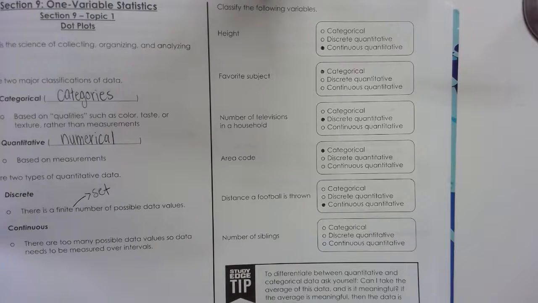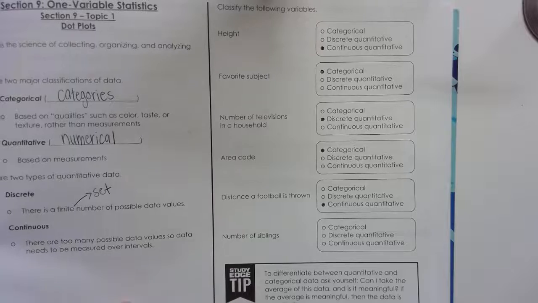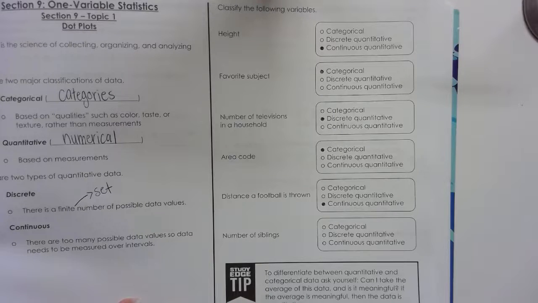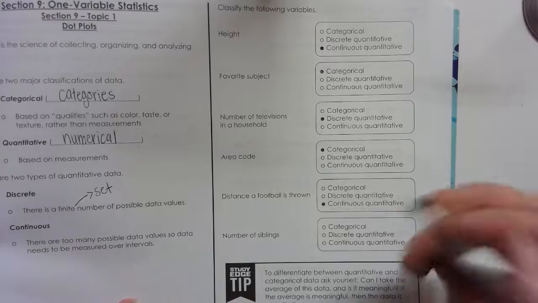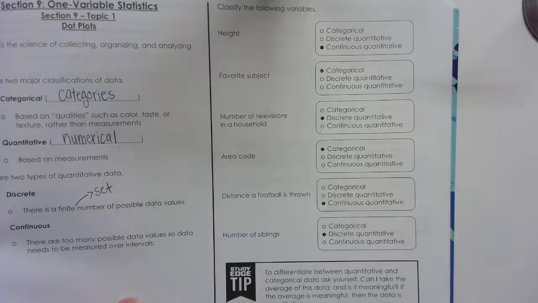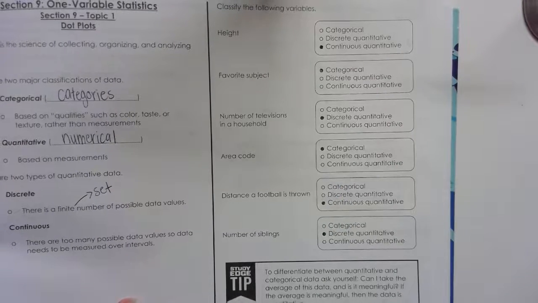So you could technically have, quote, a half-grown baby, but we're measuring our siblings here, so our brothers or sisters. We wouldn't say we have half a person, okay? So we have discrete quantitative, because you would have one sibling or two siblings or three siblings and so on.